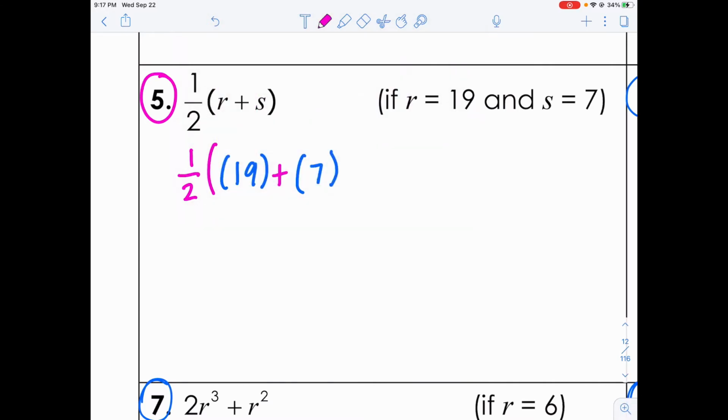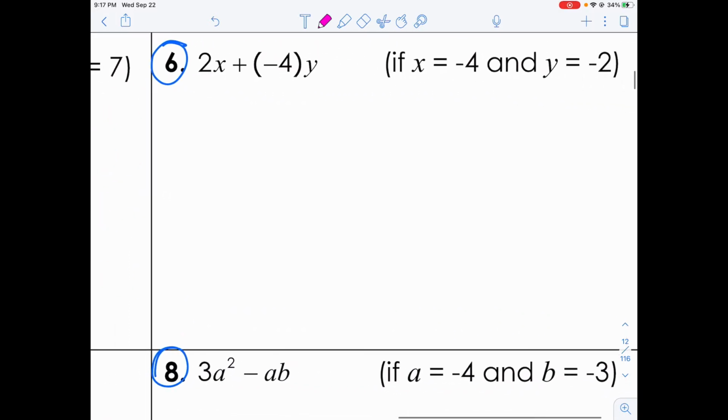All of that still is inside of the bigger parentheses. I'm going to simplify inside of my parentheses first. That is 19 plus 7. 19 plus 7 is 26. And now I need to multiply that by 1/2. 26 times 1/2 is 13.